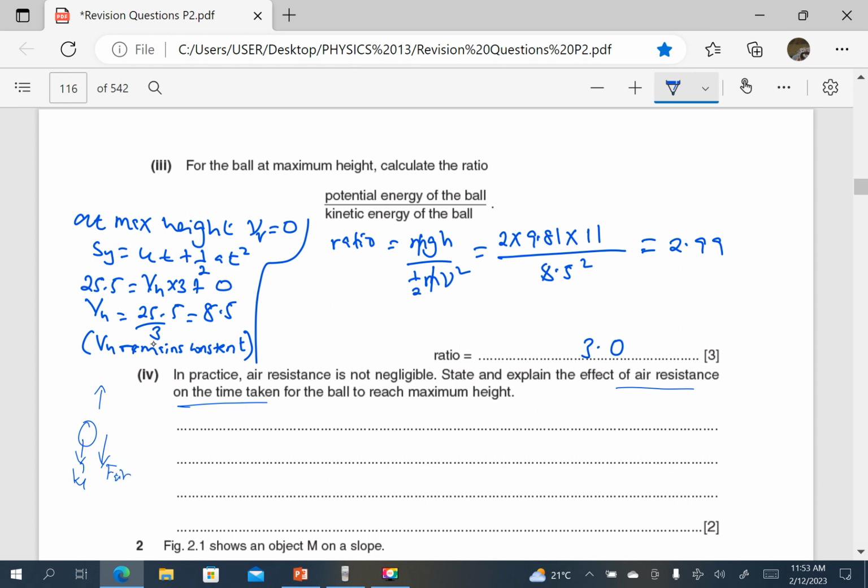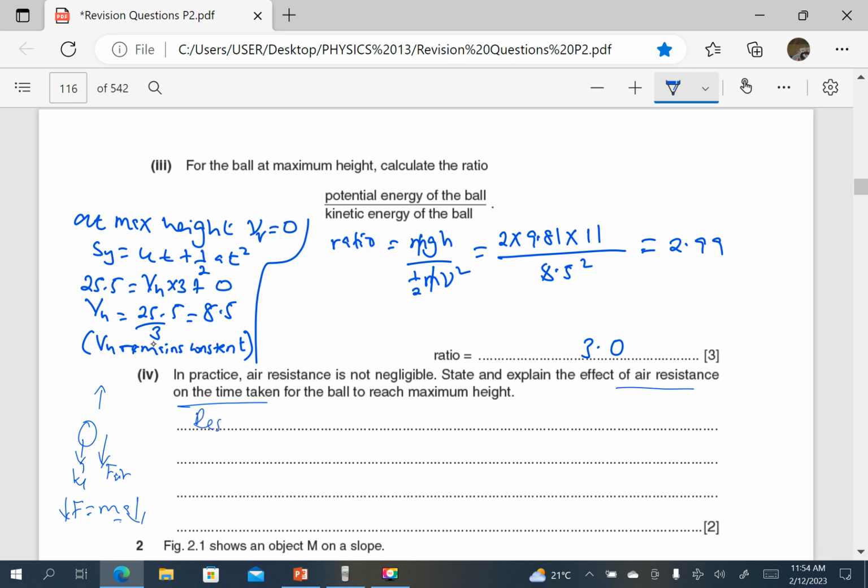So the resultant force downwards increases, and remember it is in the opposite direction to the motion. So it is giving a greater deceleration from F equals ma. The resultant force downwards increases, so the acceleration downwards increases, but it is moving in the opposite direction. So this acceleration is a deceleration.